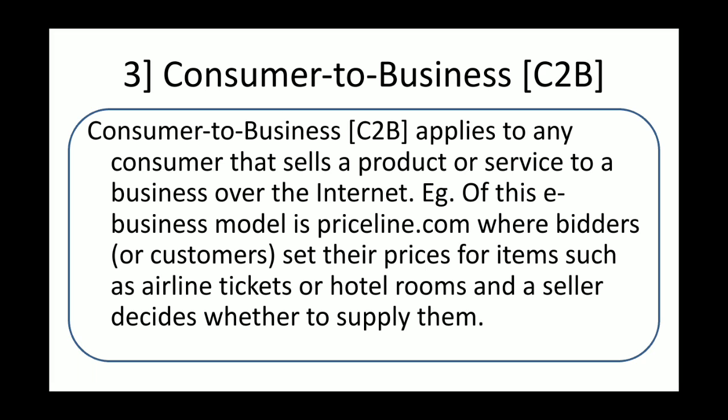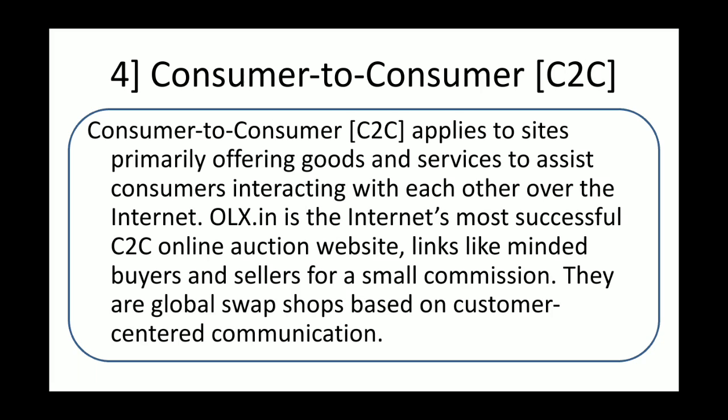The customers bid the rate for the hotel rooms or airline tickets, and the seller decides whether it is worthwhile. If he gets a benefit from that, he will sell that hotel room or airline ticket.